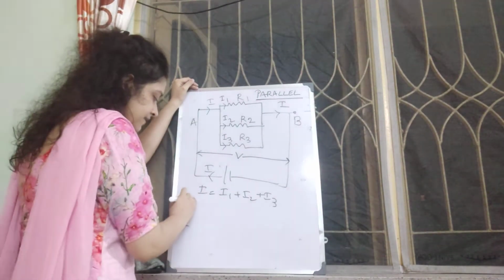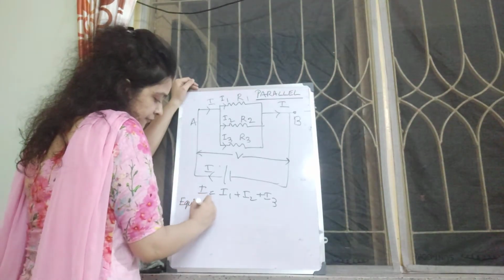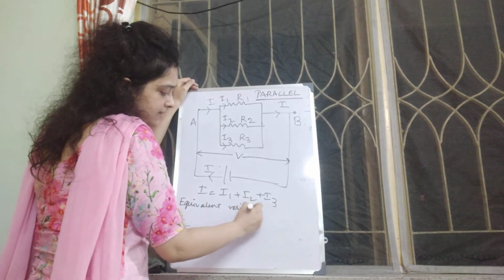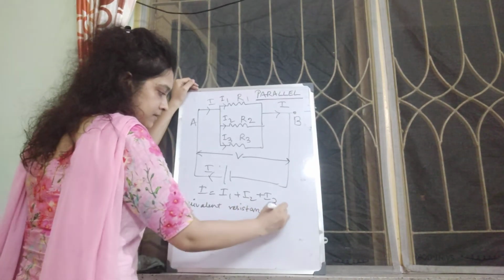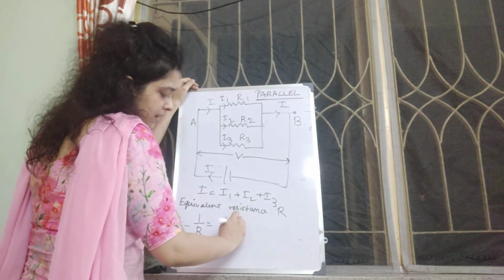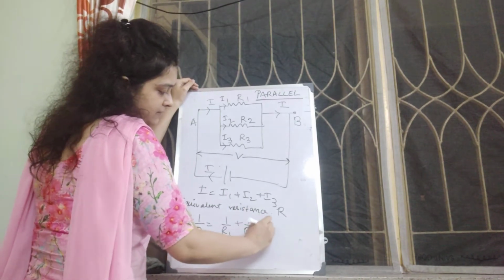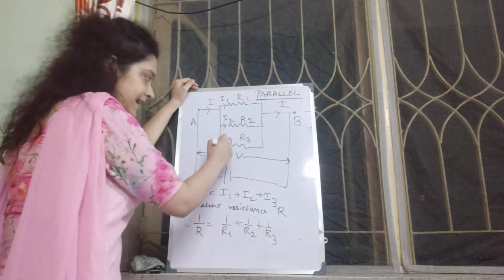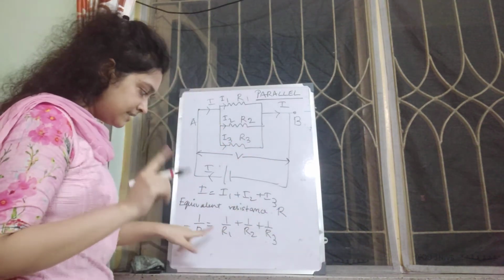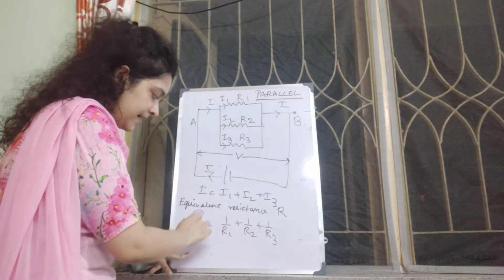What is the equivalent resistance in this case? If resistances are in parallel combination, we find it by 1 by R1 plus 1 by R2 plus 1 by R3. If I had another one, then plus 1 by R4. Notice, you are finding 1 by R equal to this.